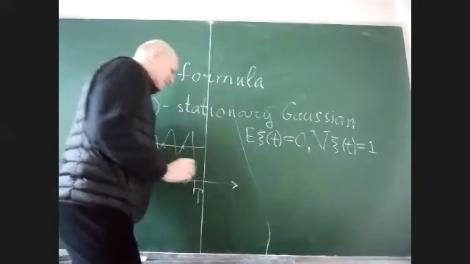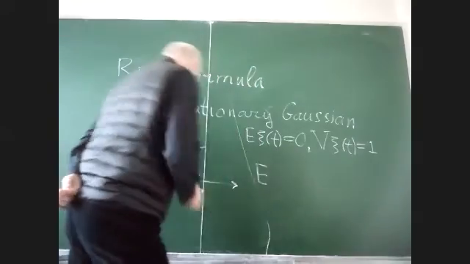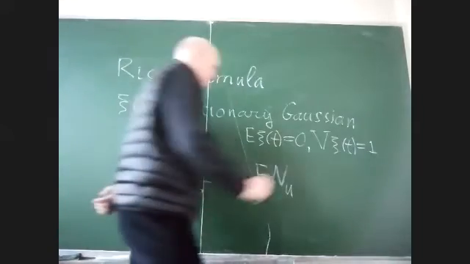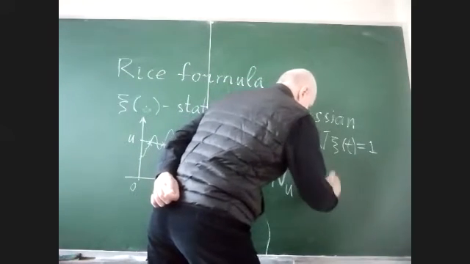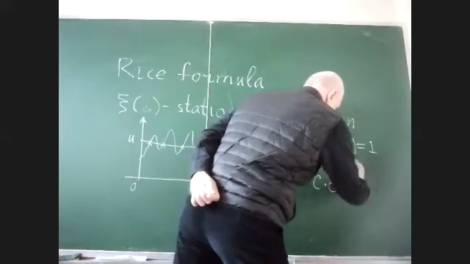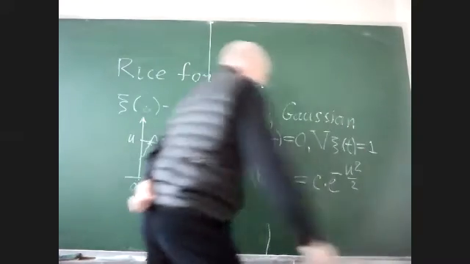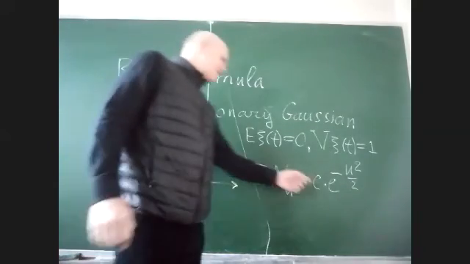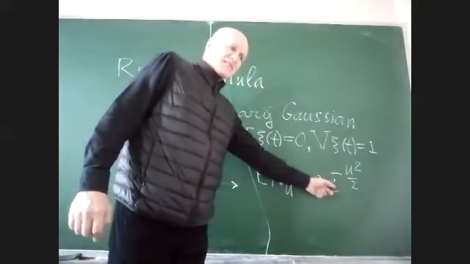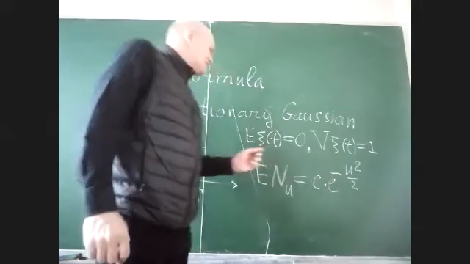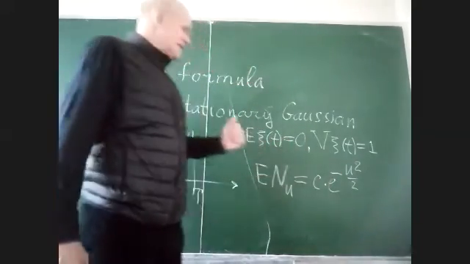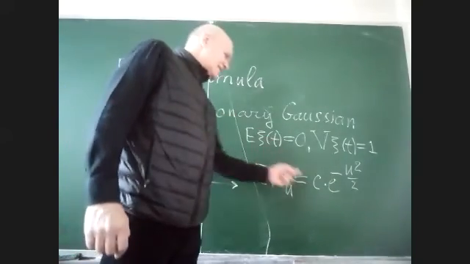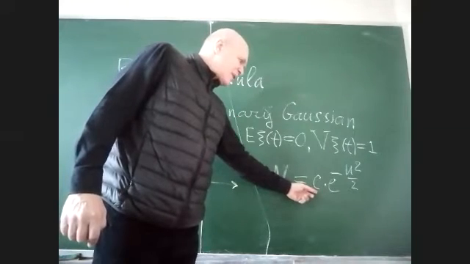Then the expectation of this number of upcrossings of the level u has a form: some constant multiplied by, this constant came from the square root of 2 pi, which is present in the probability density of psi(t), and also from the expectation of the positive part of its derivative.